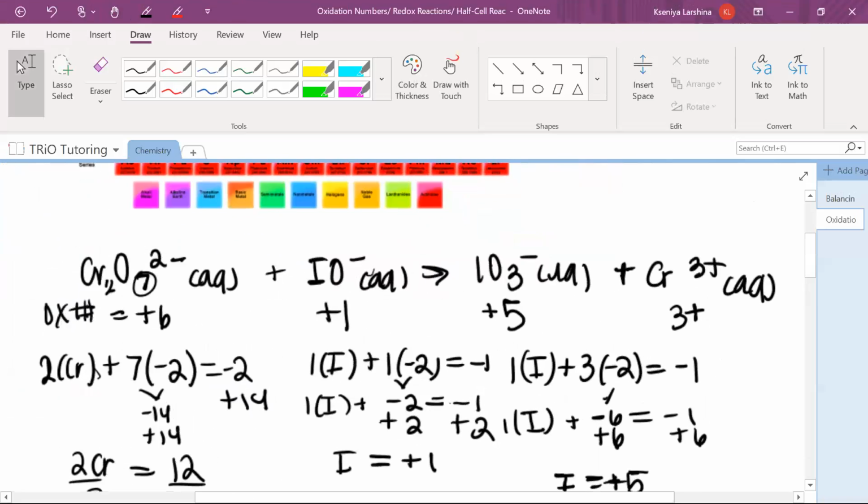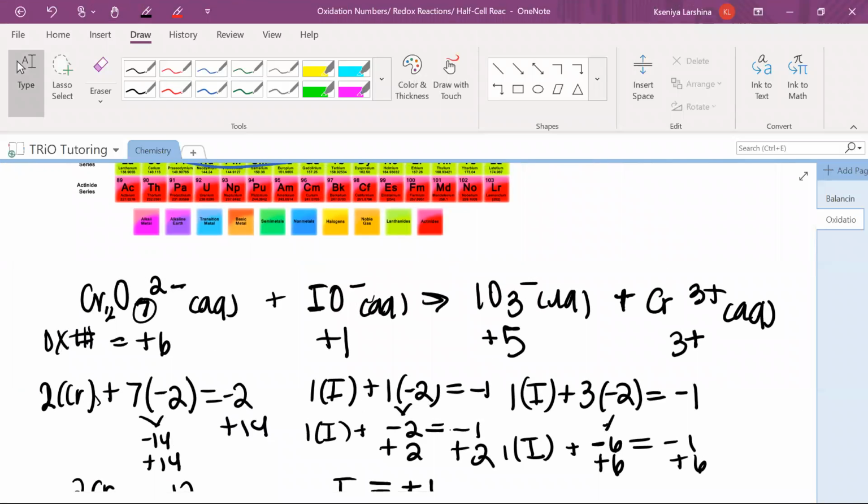And so here, the IO lost electrons, so LEO. And O stands for oxidized, so this is oxidized.